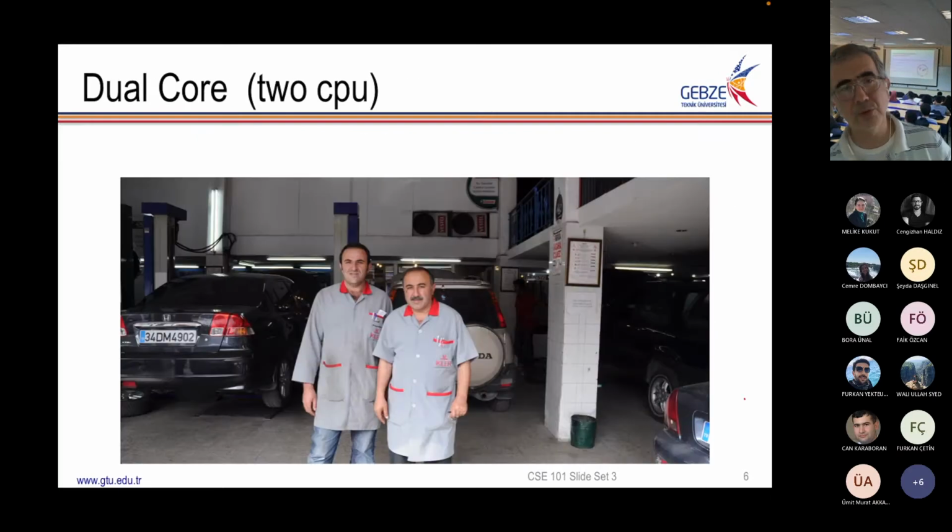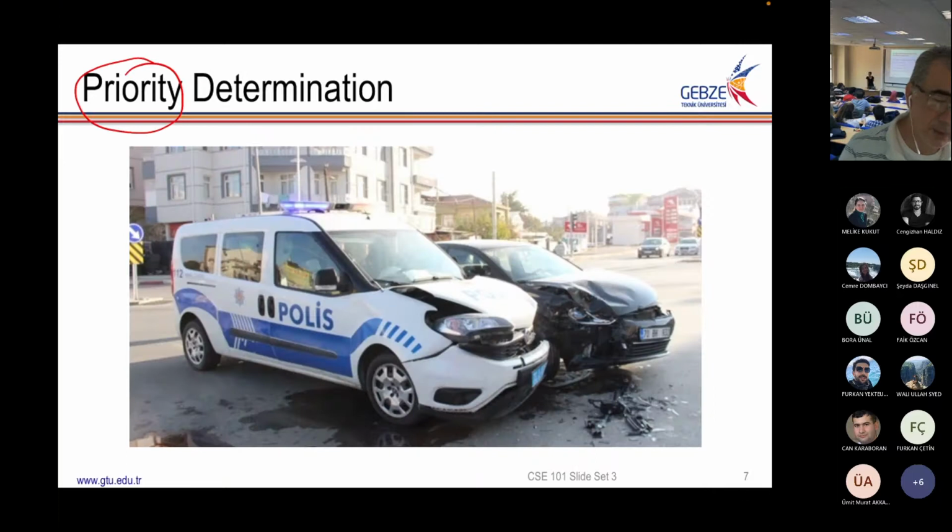As we say, this is the dual core version of the operation. When we are scheduling operations, each operation can be represented by fixing a car. So there is a priority issue.